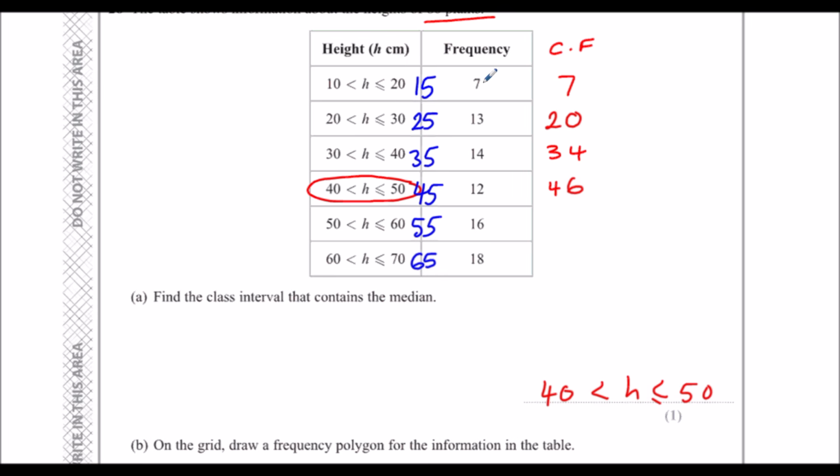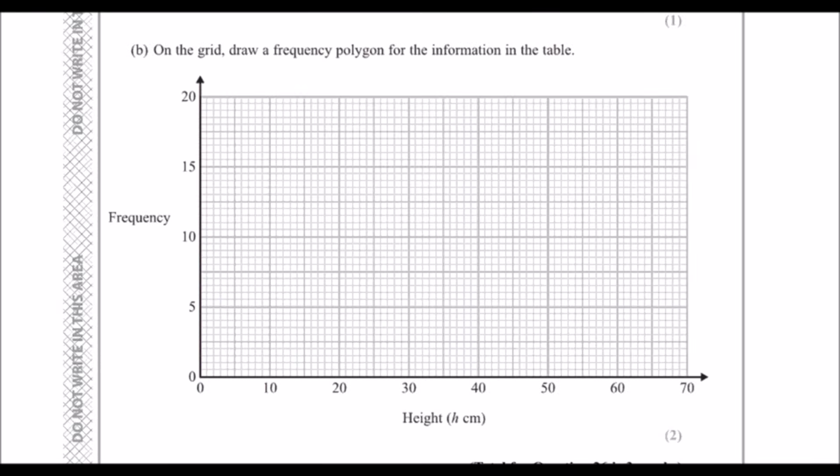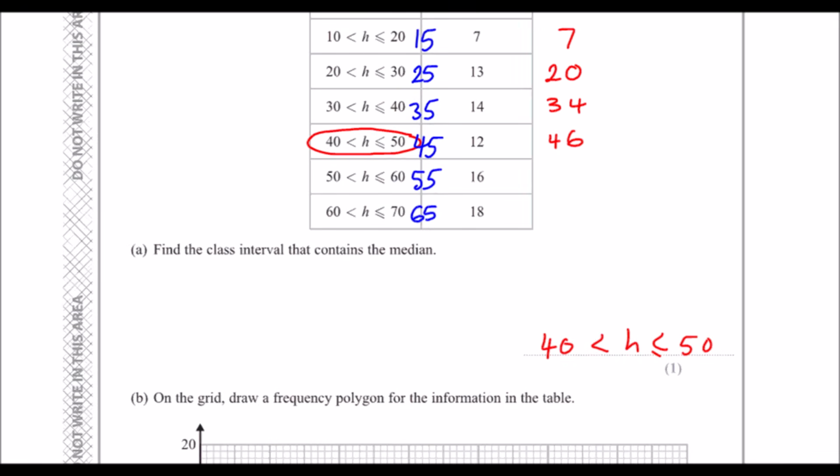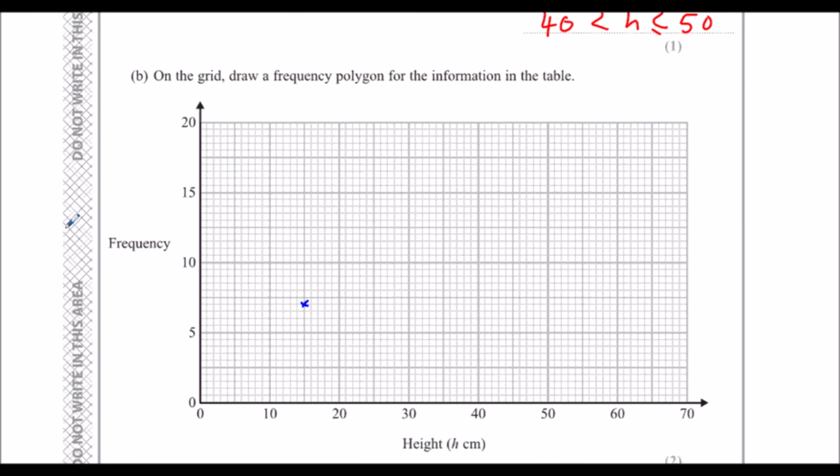So we're going to plot the midpoint against the frequency. So 15, 7. And on the frequency axis, we're going up in twos every time. So 15, 7 is here. We've got 25, 13.